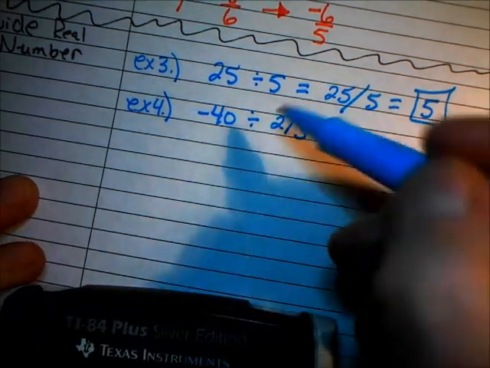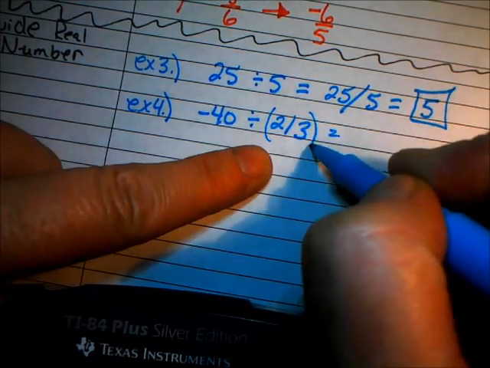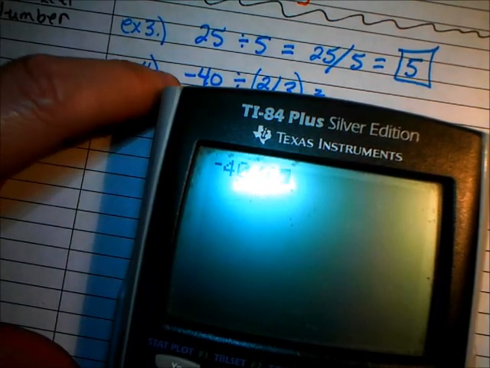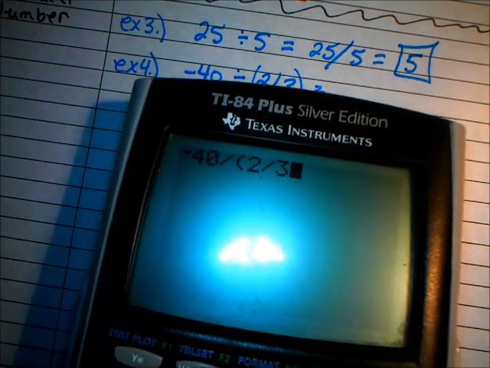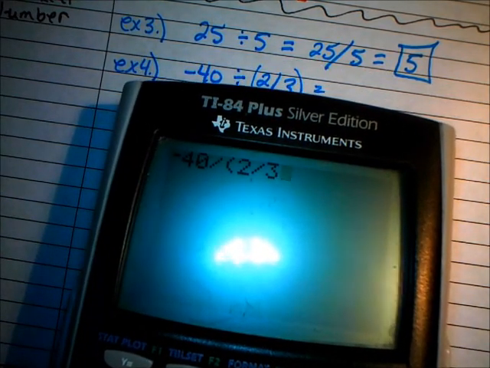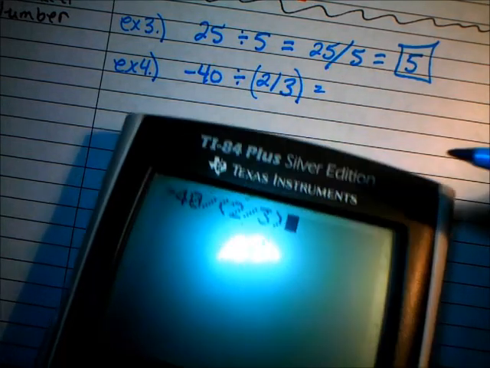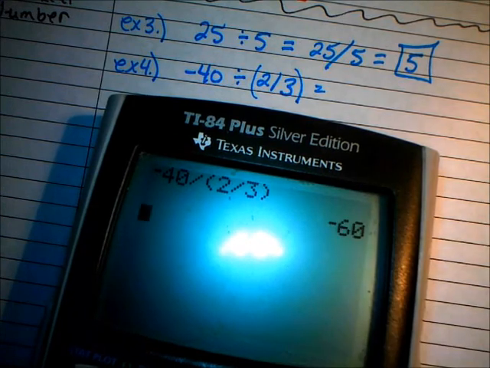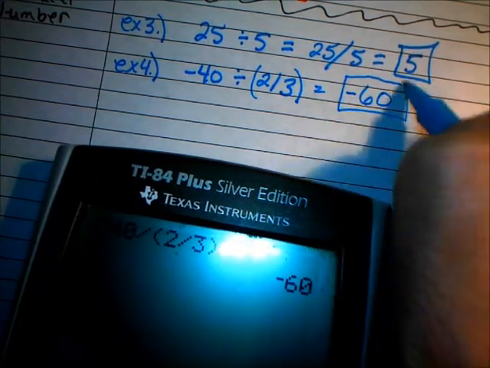And now, since this is a fraction, I need to keep it together as a unit, so I'm going to put that in parentheses. So on my calculator I'll have a parentheses and then 2 divided by 3. And then make sure you close your parentheses, because I need to keep the fraction as a fraction, and that's what the parentheses will do, keep it together. If I push equal, I end up with -60 as my answer.